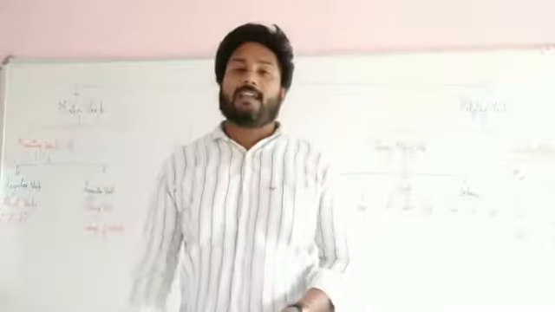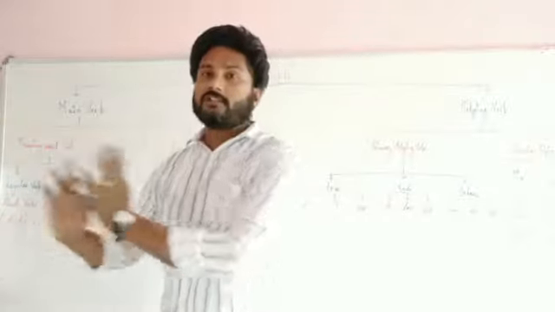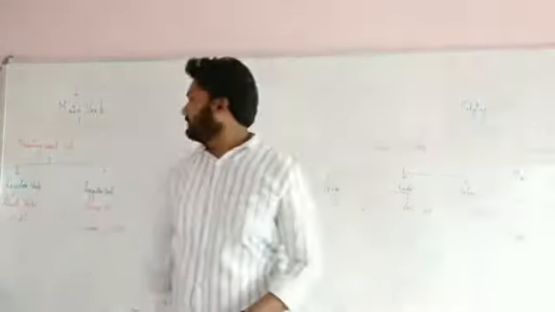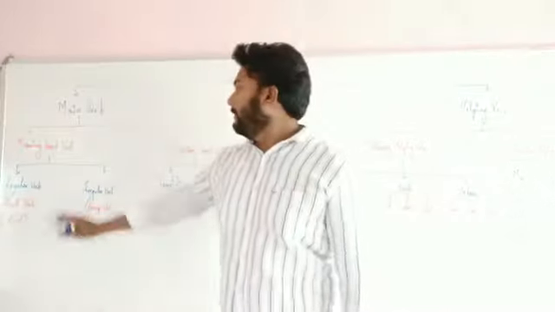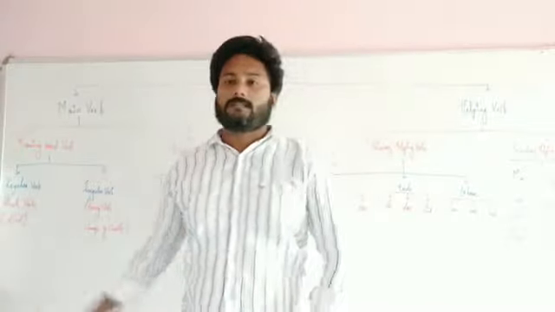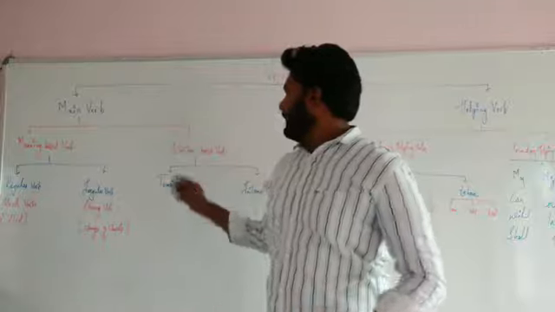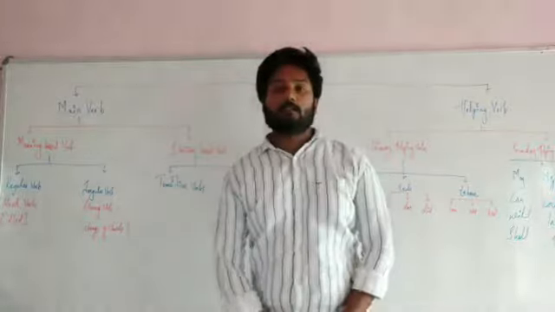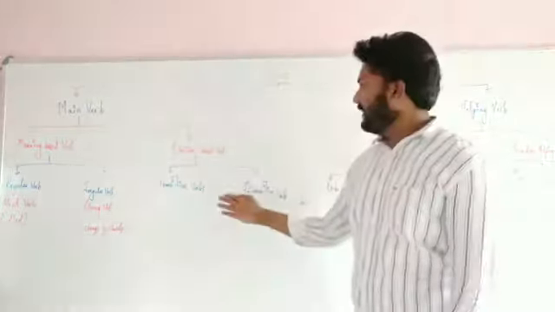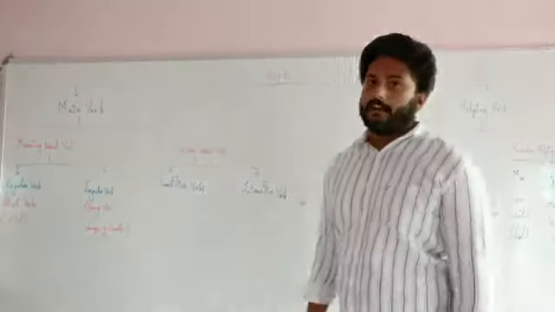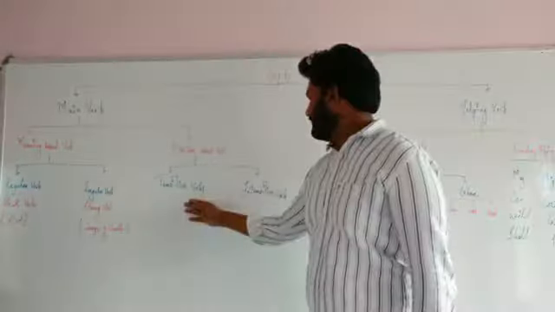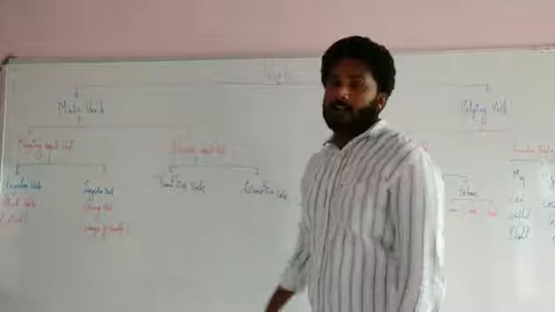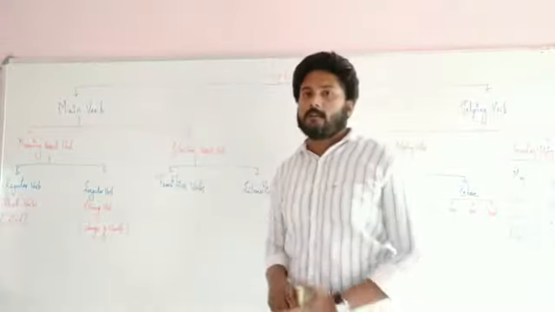And words whose ed form changes like this are called weak verbs or regular verbs. Apart from this, another one is structure based verb. Structure based verb is also classified into two ways: one is transitive and another one is intransitive verbs.